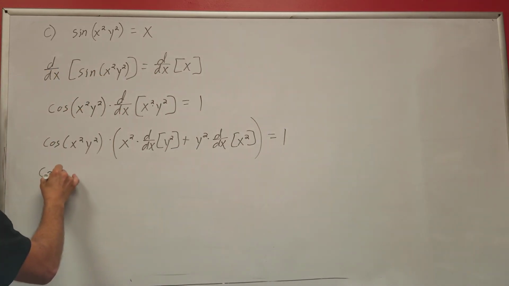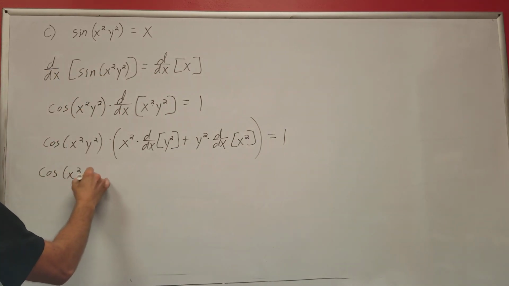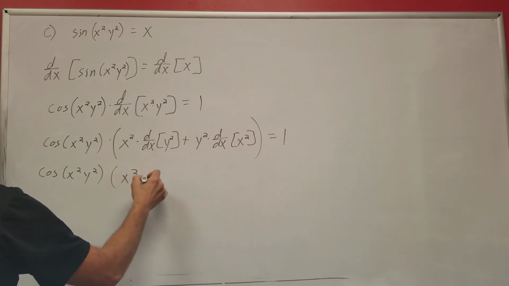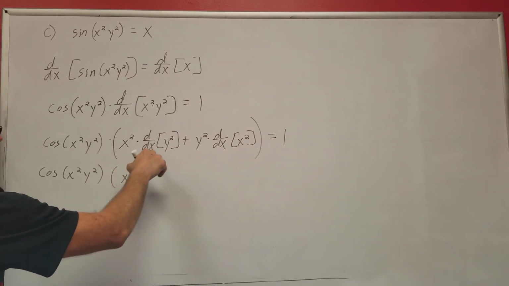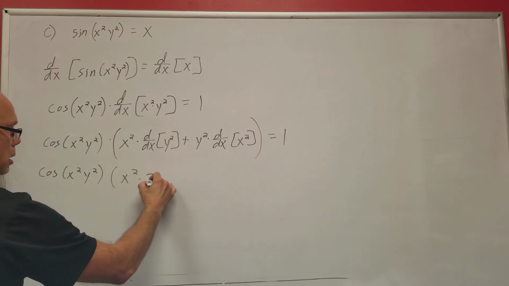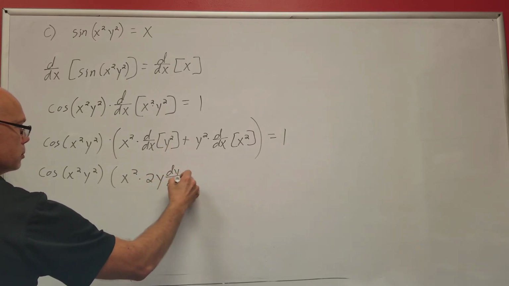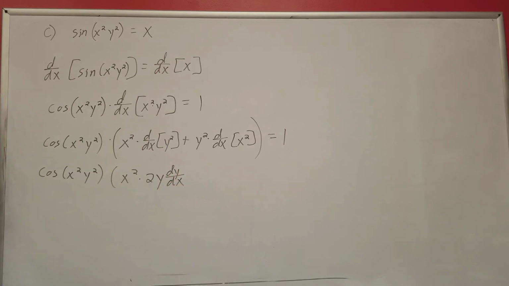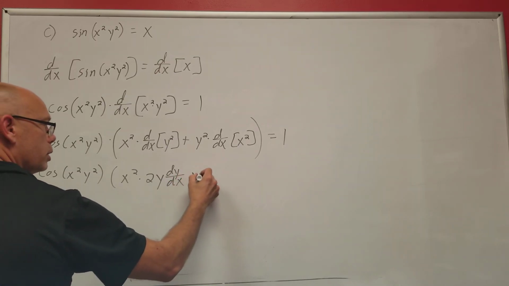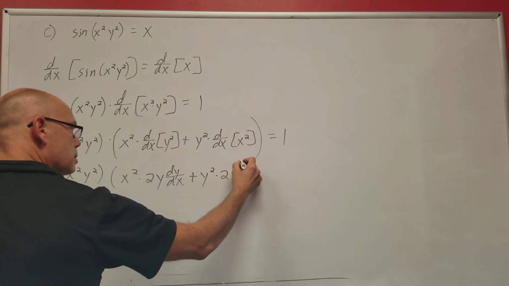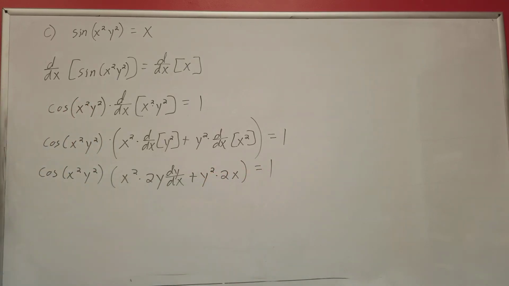So over here I have cosine of x squared y squared. Over here I have x squared times, what's the derivative with respect to x of y squared? 2y times dy over dx, right? Plus y squared comes down times 2x is equal to 1.